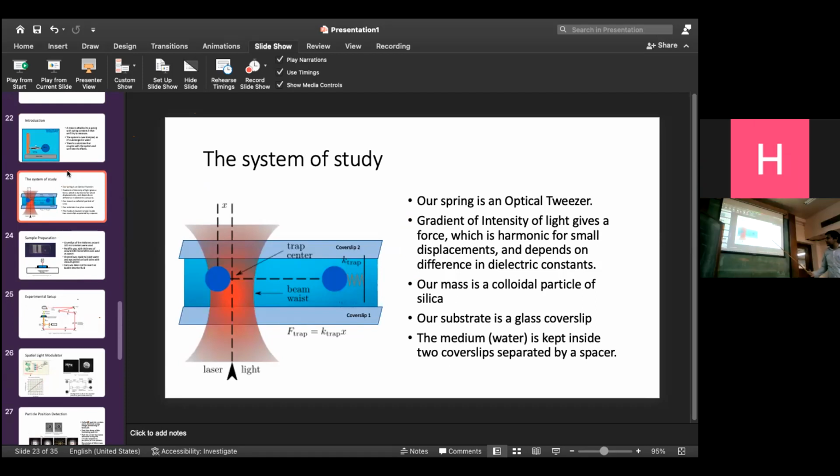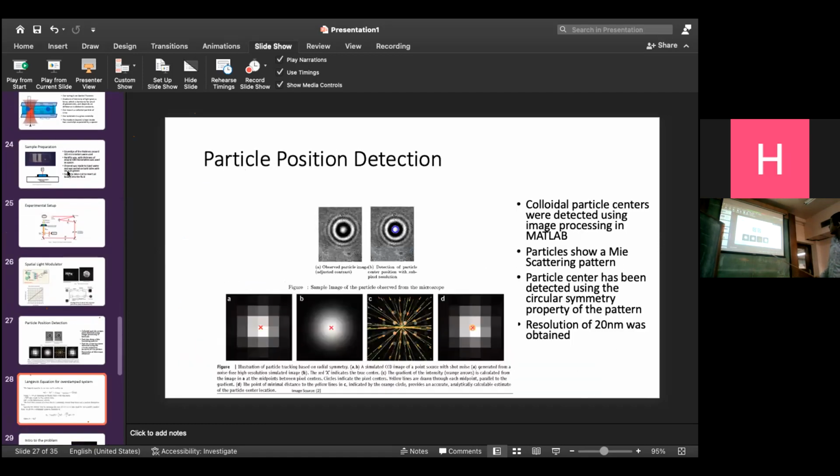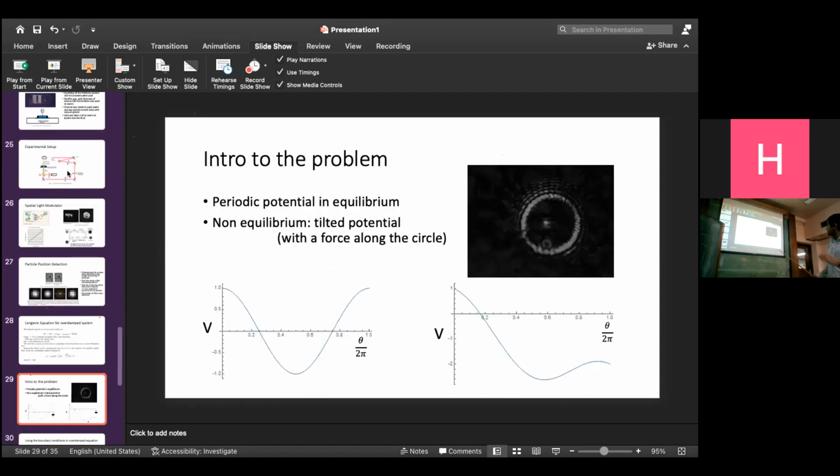The motivation was basically to verify some properties of non-equilibrium physics. When we have this particle moving on this track, it will have some forward current and there will be some backward current. There are some theorems in non-equilibrium physics that relate the forward current and the backward current, so we wanted to verify that. The logarithm of the ratio of the forward and the backward current is linear in current.